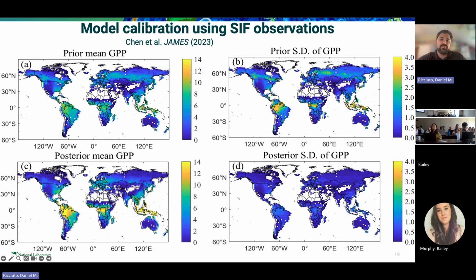It can be quite high, especially over tropical areas. But after calibration, here on the bottom, the posterior mean GPP is quite a bit higher, especially in tropical areas, maybe a little bit lower in boreal areas, but the posterior standard deviation on the bottom right is much reduced. And so by calibrating using SIF, we're able to reduce the uncertainty quite a bit.